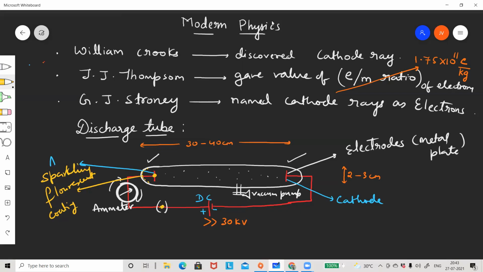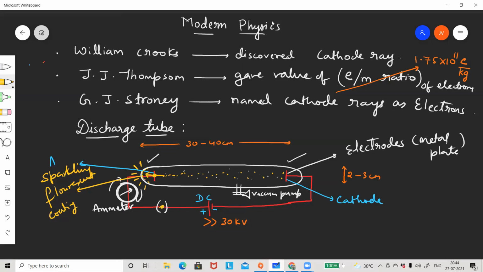Then they realized that some objects or materials from the cathode must have traveled all the way towards the anode, escaped through the hole and struck the fluorescent coating. As a result, the fluorescent part started glowing.